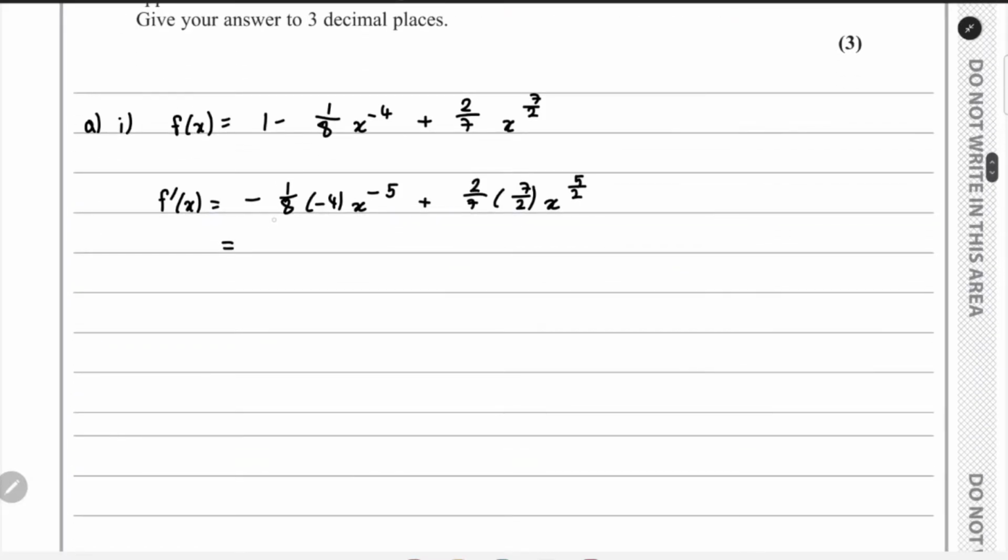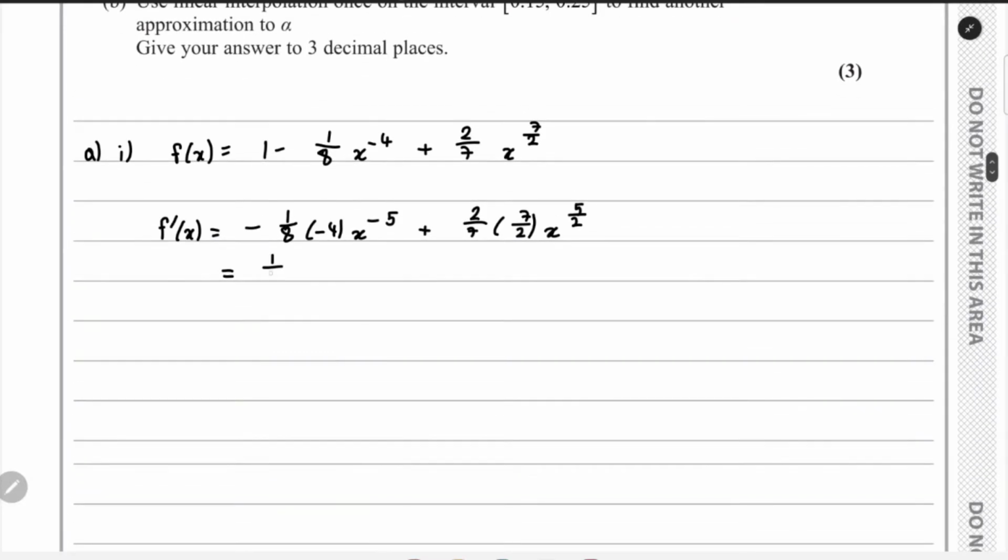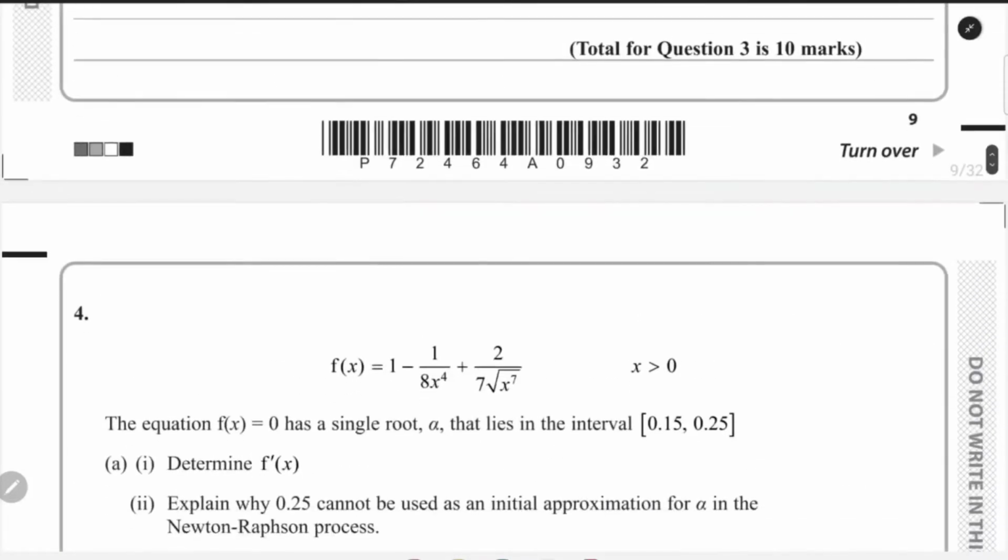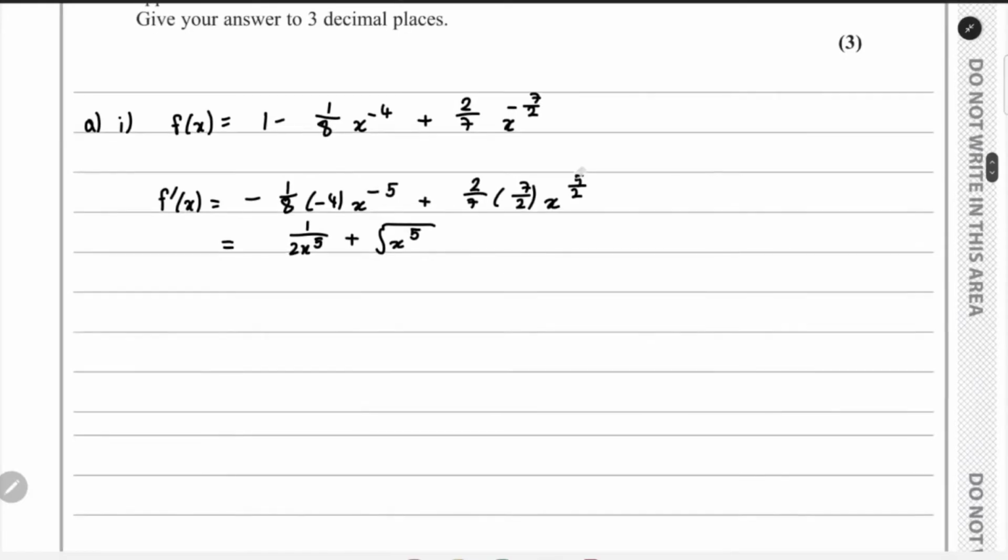If I simplify this, I'll get half x to the power minus 5, or 1 by 2 x to the power 5 plus x to the power 5 by 2, or the square root of the fifth power of x. Oh, this was minus 7 by 2, not positive since this was in the denominator. So this will be minus 7 by 2 x to the power minus 7 by 2 minus 1, which is minus 9 by 2.